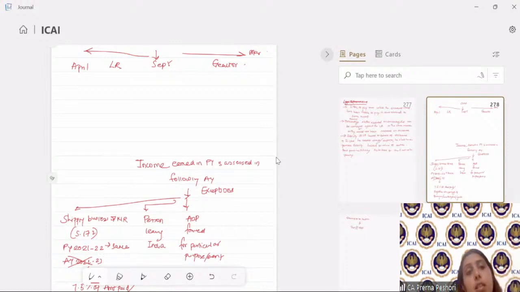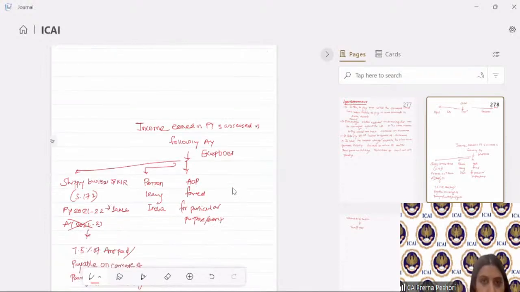There are AOPs which are formed for a particular venture only, and they could get dissolved after that venture is over. So the AO can make an assessment from the earlier previous year up to the date of dissolution in the same manner as we make the assessment for the individuals who are leaving India also. Next is person likely to transfer property to avoid tax.